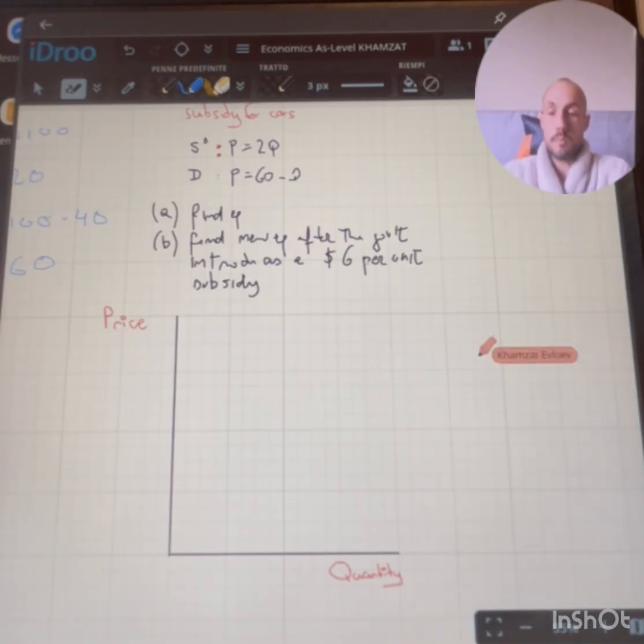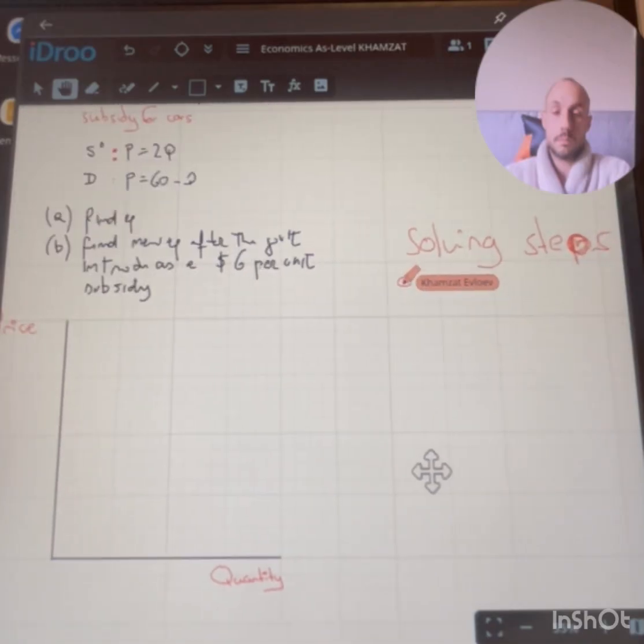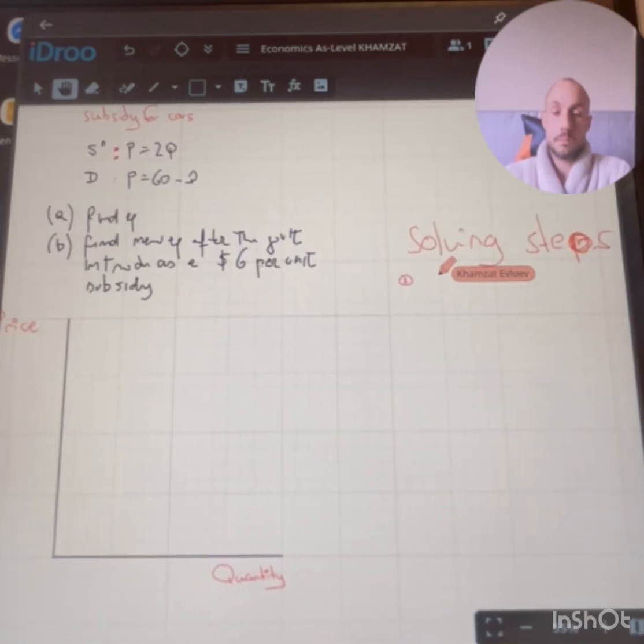So, solving steps. 1. 60 minus Q equals 2Q.